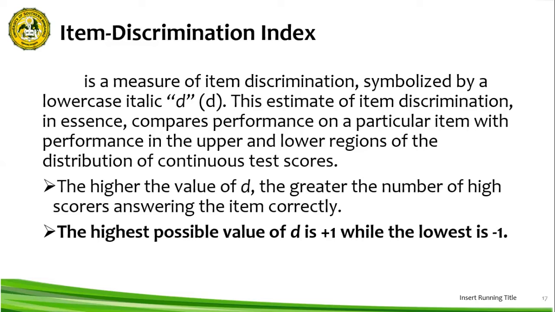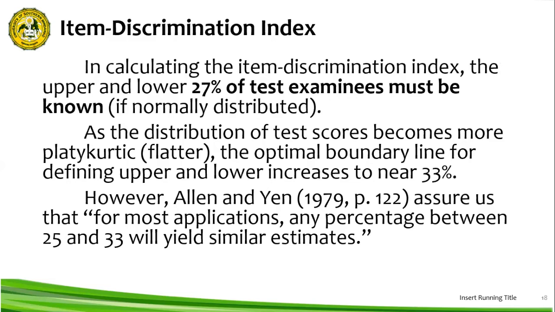The highest possible value of the item discrimination index is +1, while the lowest is -1. In calculating the item discrimination index, the upper and lower 27% of the test examinees must be known, if it is normally distributed.